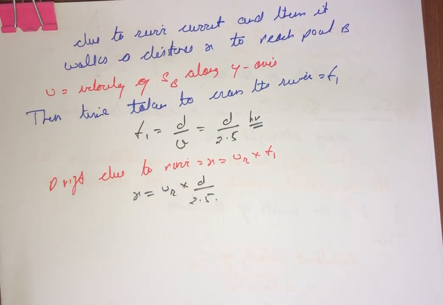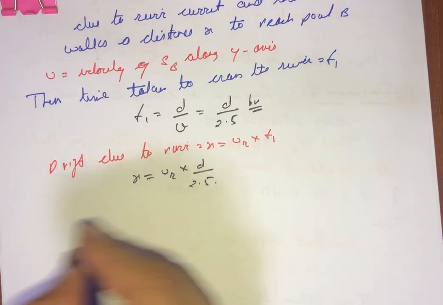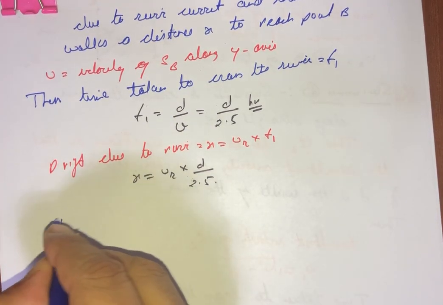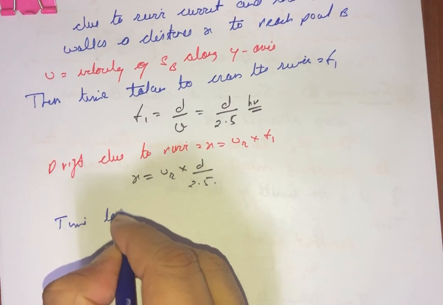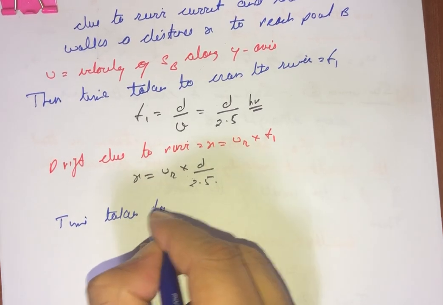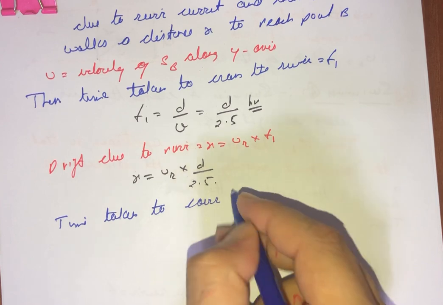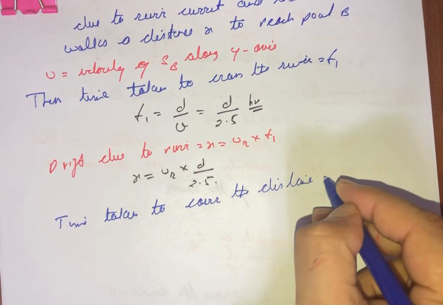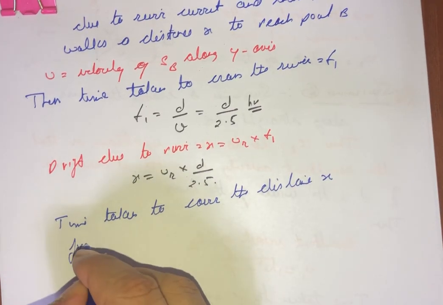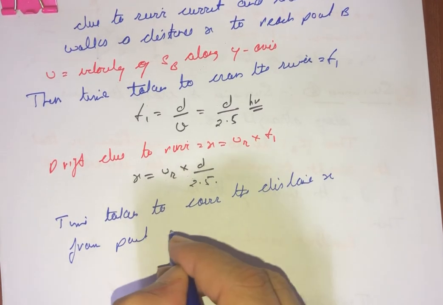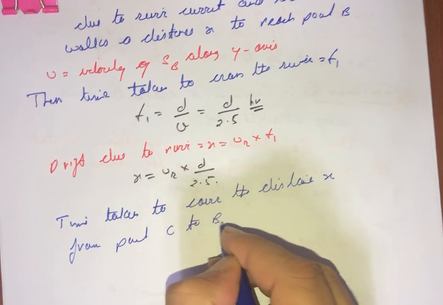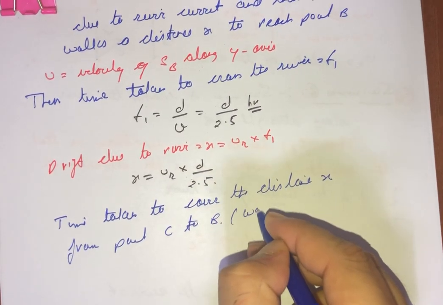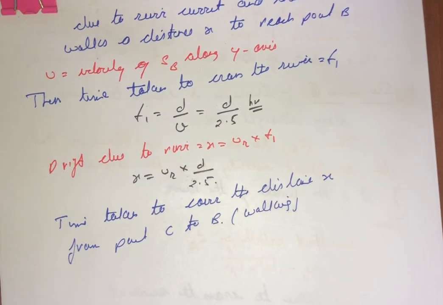Okay, so next is the time taken to cover the distance x from point C to B, walking. Okay, let's call this as t2.